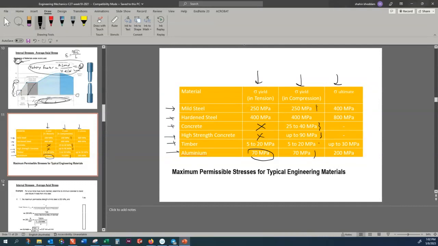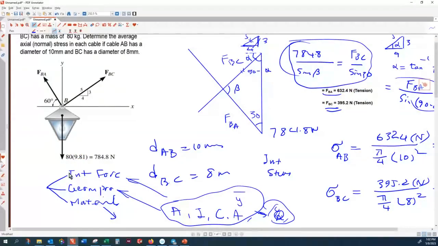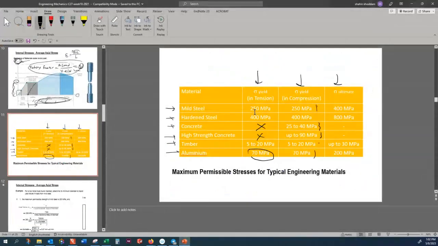Let's go back to my initial 3 factors here. You want to decide how well a structure performs. You not only need to know the internal force, you not only need to know the geometry, you also need to know the material. Because by knowing the material, you go to this table, and the table tells you the limit of that material. The limit is expressed in terms of the normal stress.